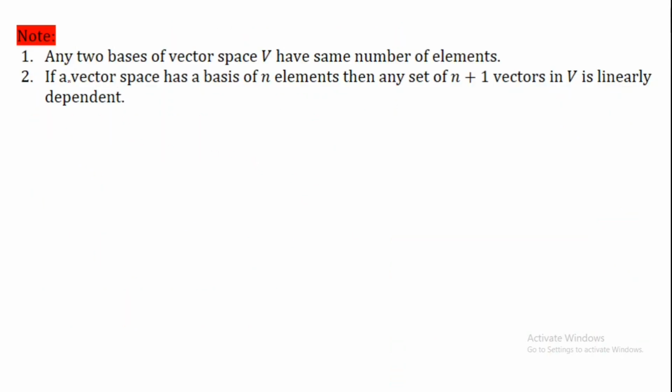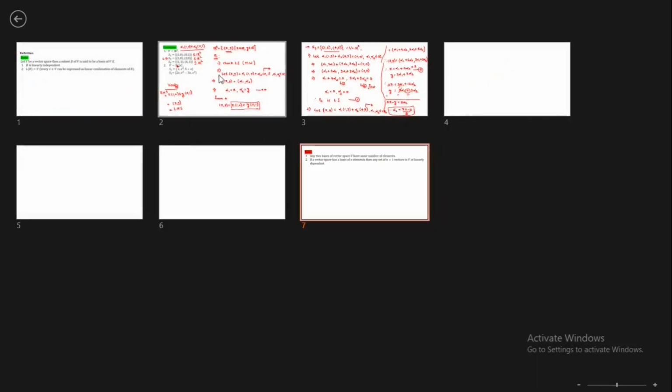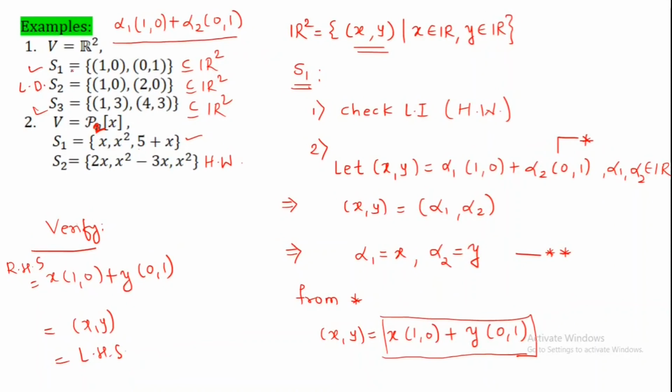Now let us go for some important notes. First note: any two bases of a vector space have the same number of elements. What is the meaning of this? We have seen a few examples. S1 and S3 are both bases of R2, and both sets contain two vectors.